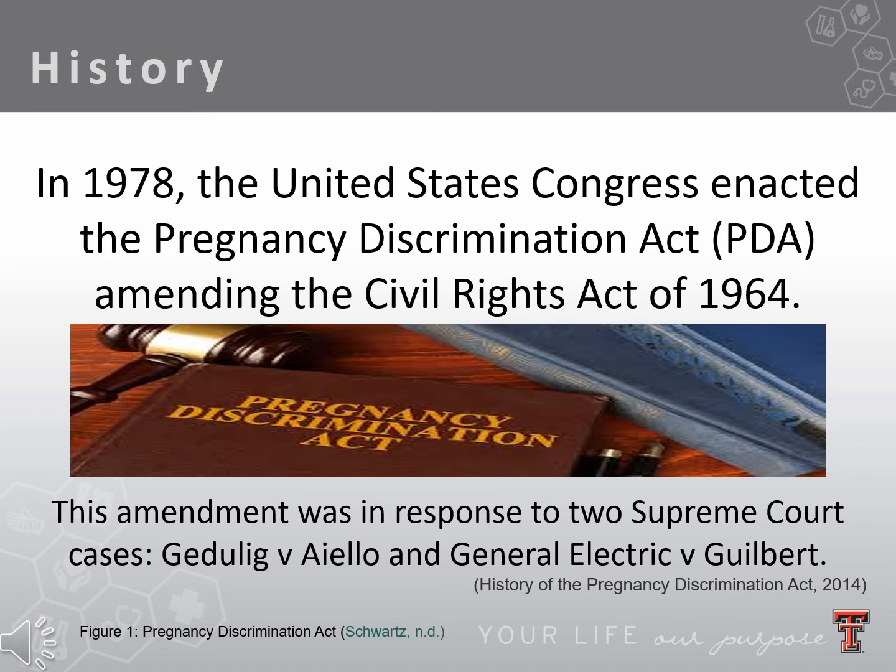And then again in 1976, a Supreme Court ruling in General Electric versus Gilbert held that employers could legally exclude conditions related to pregnancy from employee sickness and accident benefits plans, leading to the United States Congress enacting the Pregnancy Discrimination Act in 1978, which amended the Civil Rights Act of 1964.